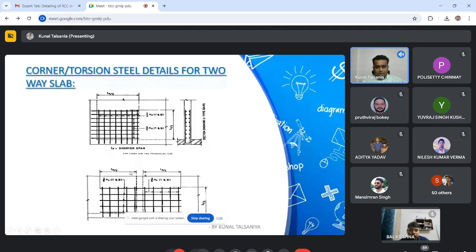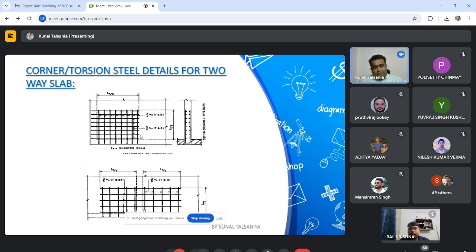Another detail: how to decide how much reinforcement is covered here. As per code, what is the maximum Ast you have provided in top? In the shorter direction you will always get the maximum reinforcement.